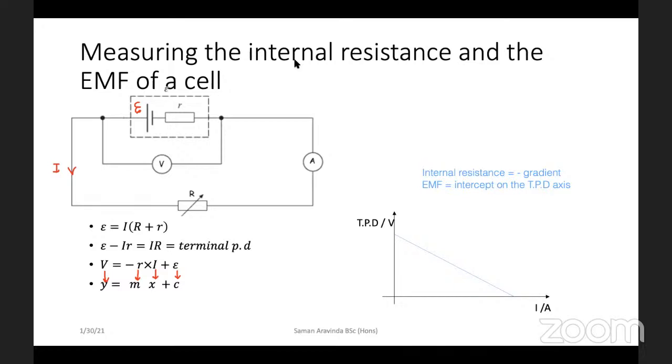Epsilon will be 1.5, but when we measure the V, it will be less than 1.5. It's not the marked value. Am I clear?